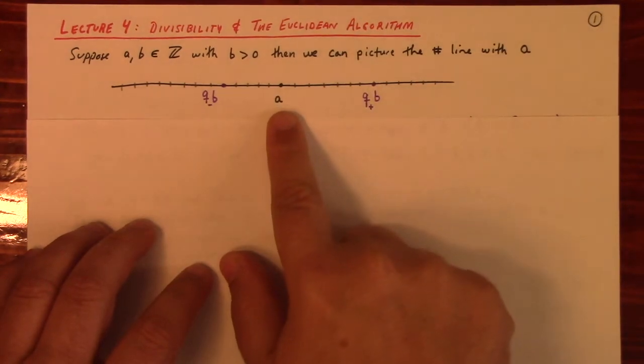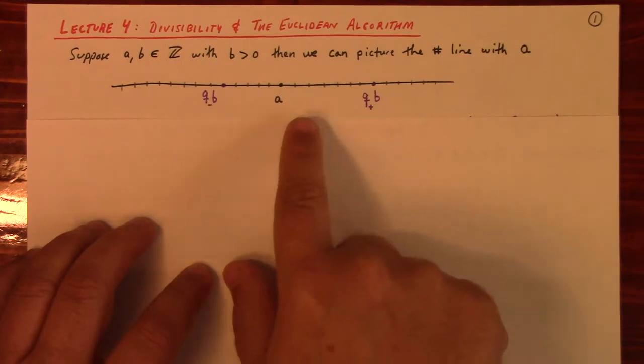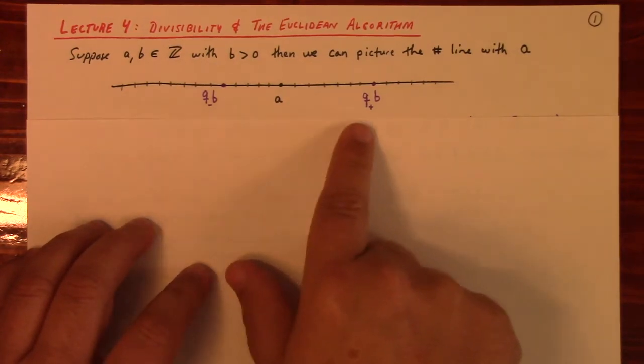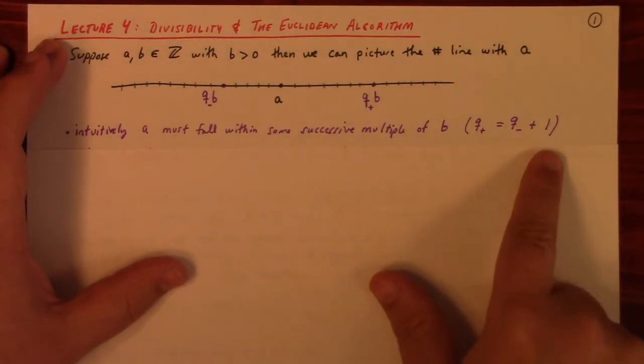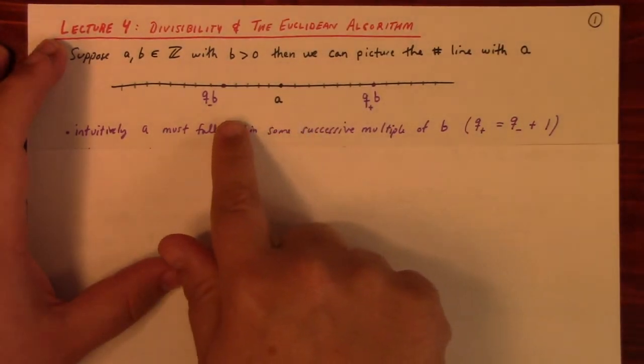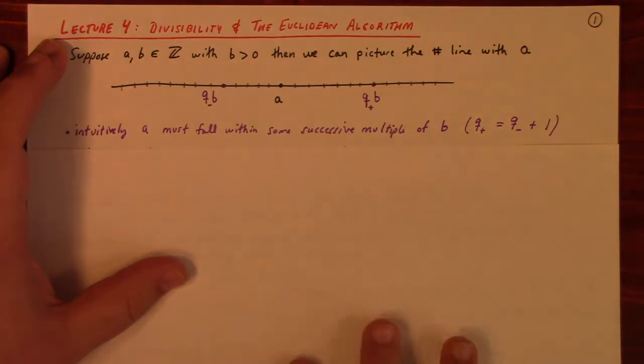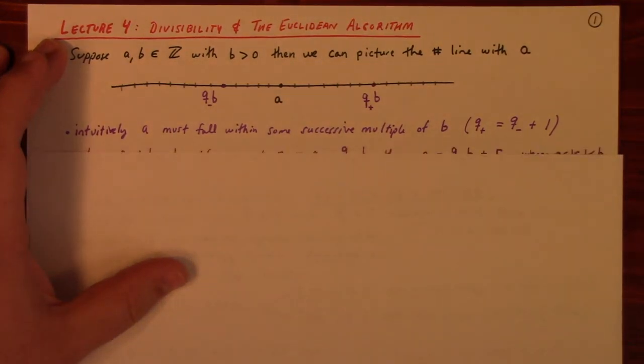And if you think about it, there's got to be some multiple of b which is after a and which is before a, right? And these should be successive, so q plus should be q minus plus 1. Intuitively, a has to fit somewhere between multiples of b.